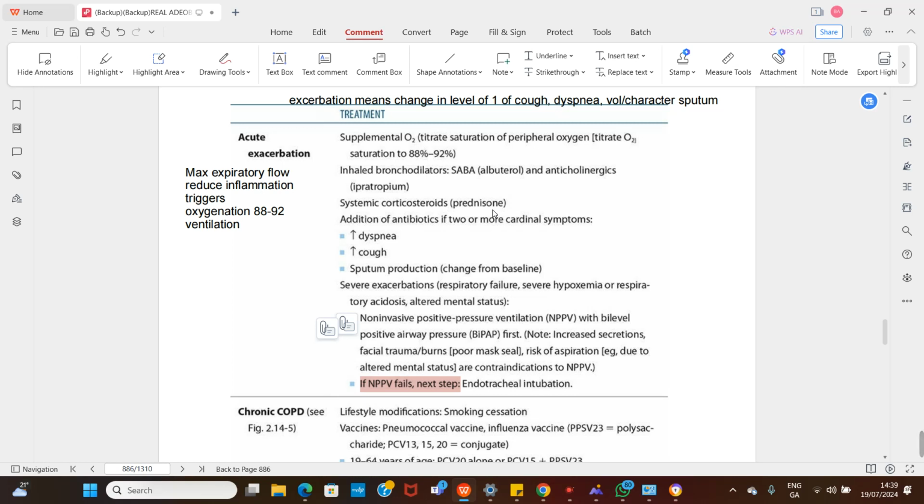If it's only respiratory failure that the patient has, maybe the oxygen level is less than 50, but the sensorium is still okay, you can try non-invasive positive pressure ventilation using BiPAP. BiPAP delivers pressure at both expiration and inspiration, but the inspiratory pressure is greater than the expiratory.